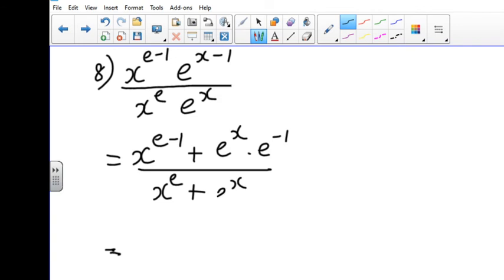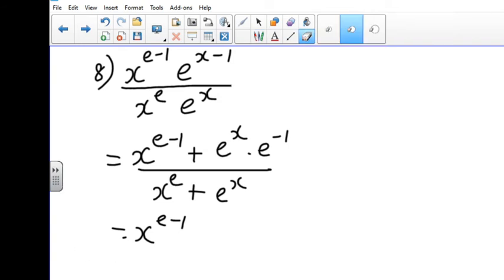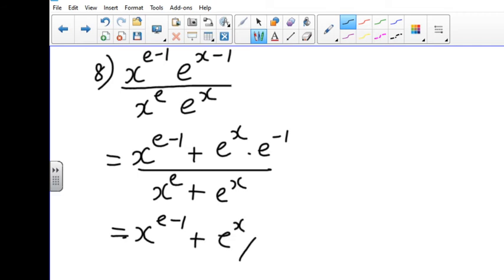Now this can be rewritten as x power e minus 1 plus e power x divided by e, whole divided by x power e plus e power x. So we have split the term with the same base.